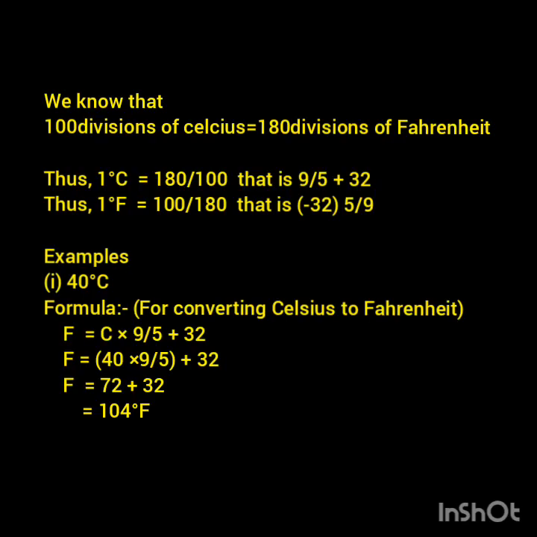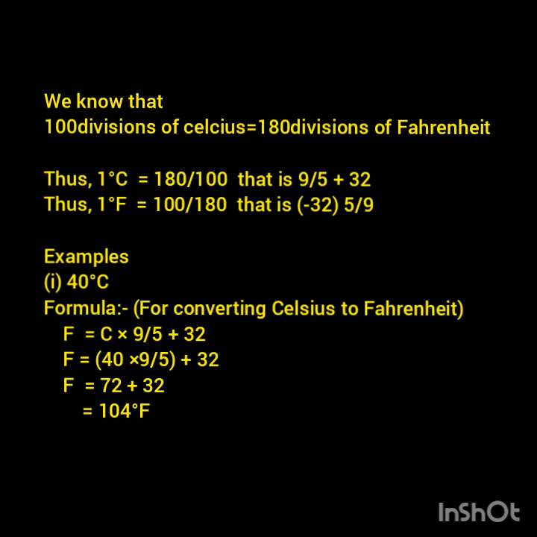In the previous video, you have seen the formula for the conversion of Celsius scale to Fahrenheit scale and Fahrenheit scale to Celsius scale. Now I am going to explain how we get these formulas. As we know, the Celsius scale is divided into 100 equal divisions.